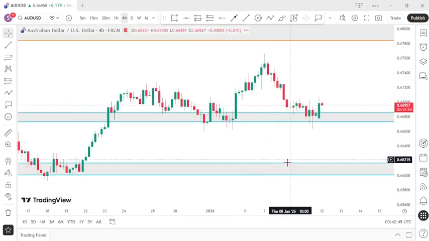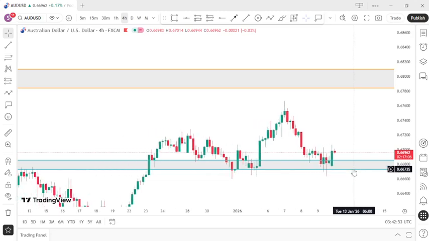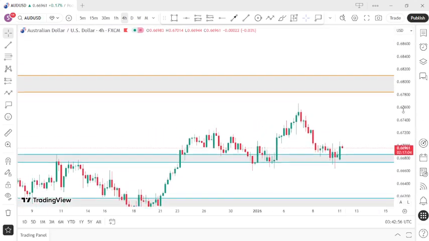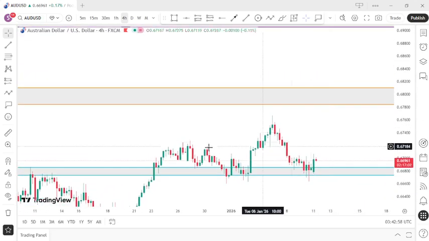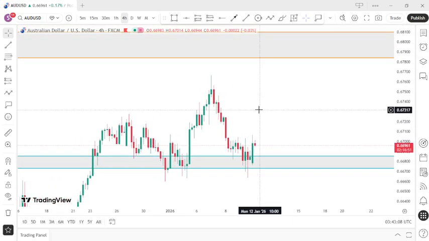I'll go to the 4 hour. So here on the 4 hour, I have a nice break and retest, but I'm looking at a breakout zone. I'm going to look at it because price can tap into it and sell.